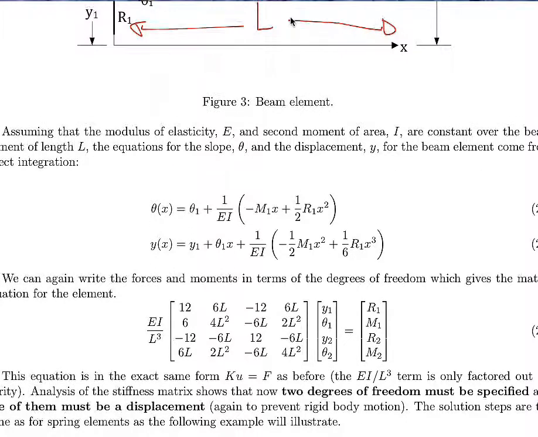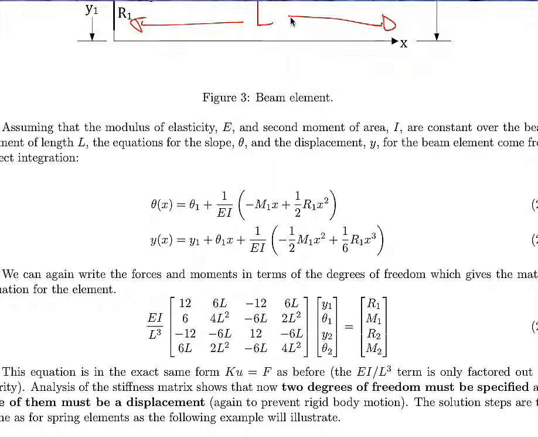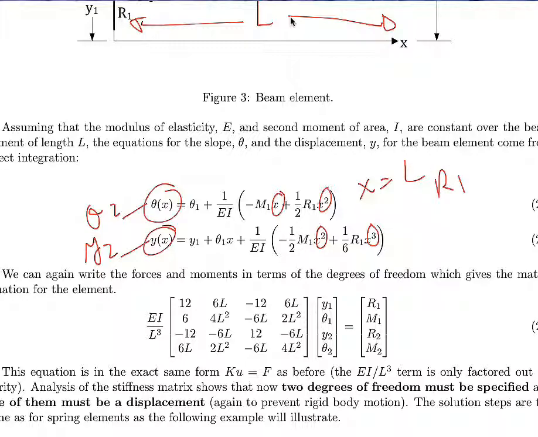So if I substitute x equals L, this becomes theta 2, and this becomes y2. And everywhere else I can substitute x equal to L. And therefore I can solve for R1 and M1 in terms of theta 1, theta 2, y1, y2. So this will be equation 23 and 24.